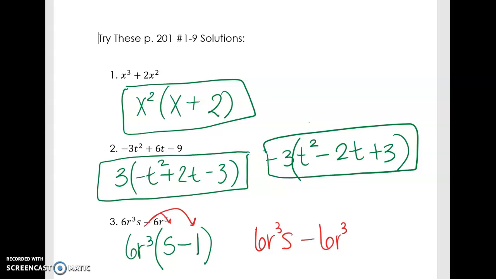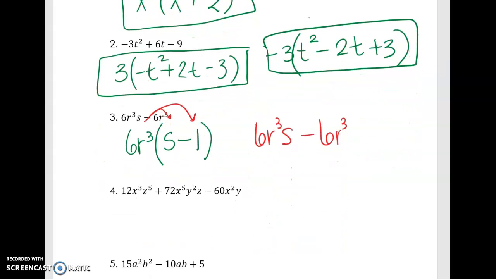So that is necessary. Okay, for number 4, look at the 12, 72, and 60. Your GCF of those numbers is 12. I see x's, y's, and z's, but they all only have at least x squared. So my greatest common factor is 12x squared. Factoring that out, my first term would be x, z to the 5th.